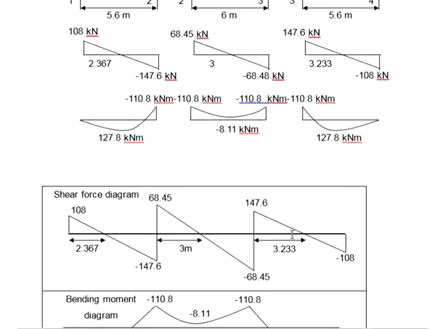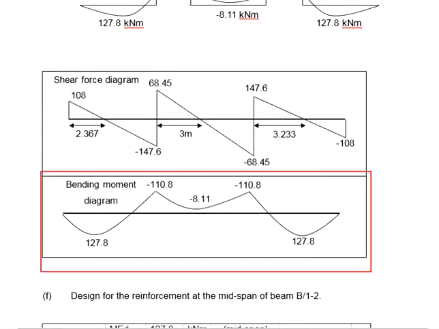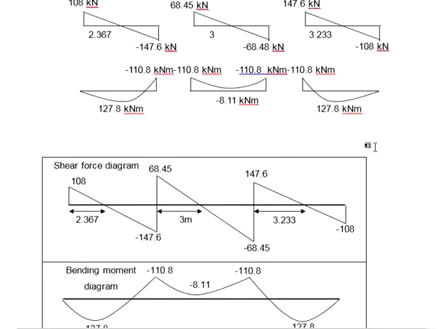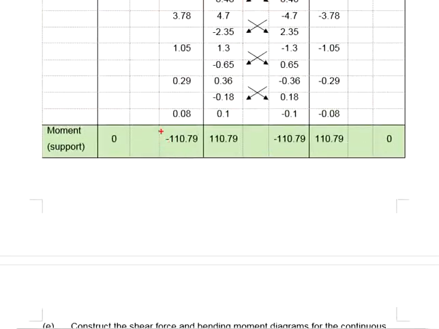And then while calculating the moments throughout the continuous beam, you may use that to cross-check with the moment at the support, which shall theoretically be in line with the moment that you have calculated from the moment distribution method at the supports.